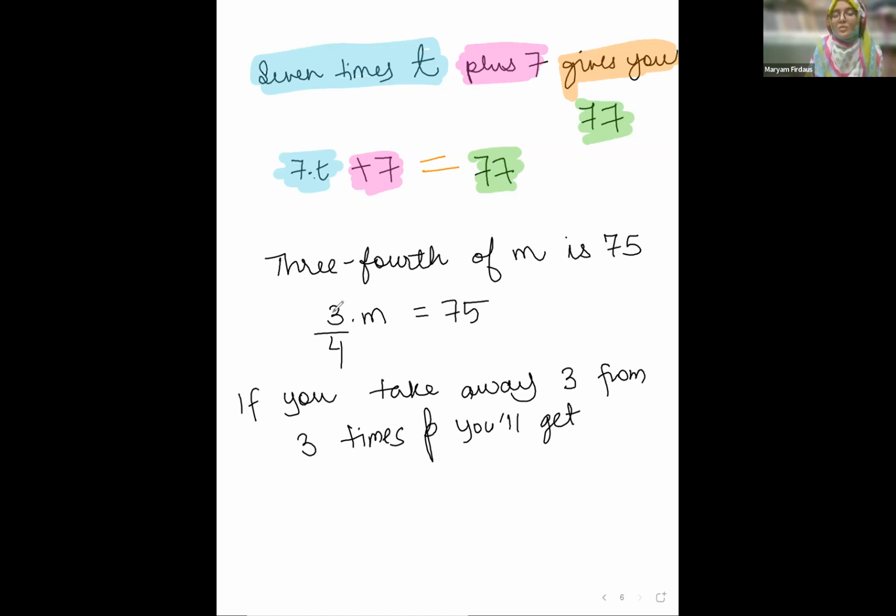Okay, let's not make it 3. There's too many 3's over here. You get 27. How will we do this? Step by step.